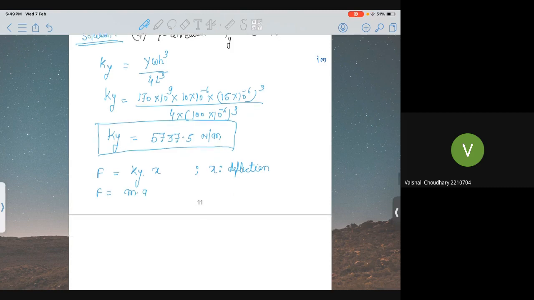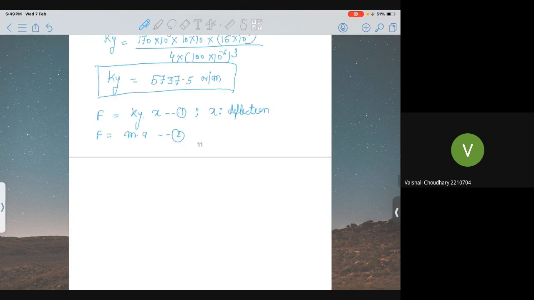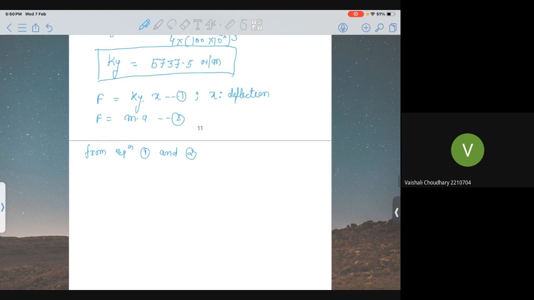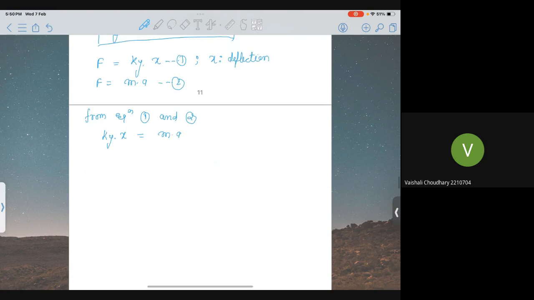If you equate these two equations, 1 and 2, from equation 1 and 2, you can equate these two forces as ky times x is equal to ma.